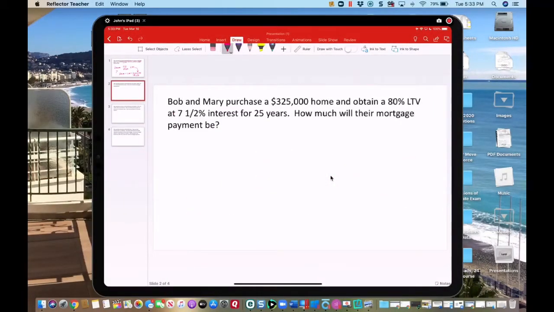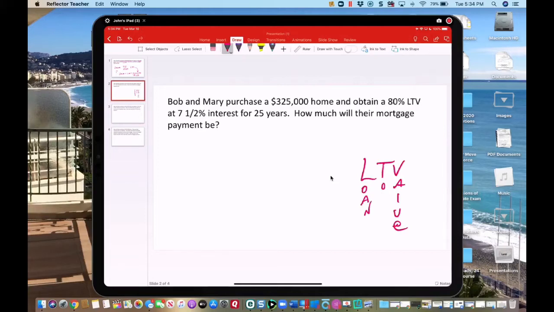Now, in this scenario, Bob and Mary purchase a $325,000 home, and they obtain an 80% LTV. That's loan to value. Remember, LTV stands for loan to value.